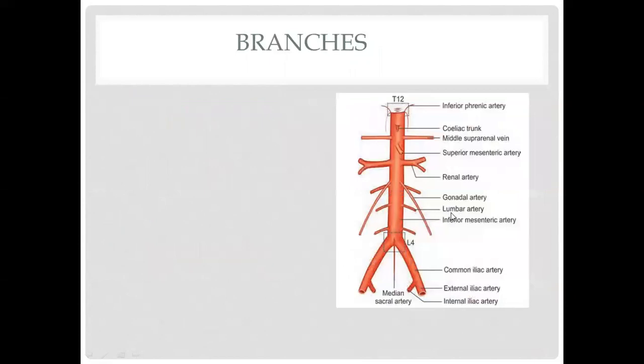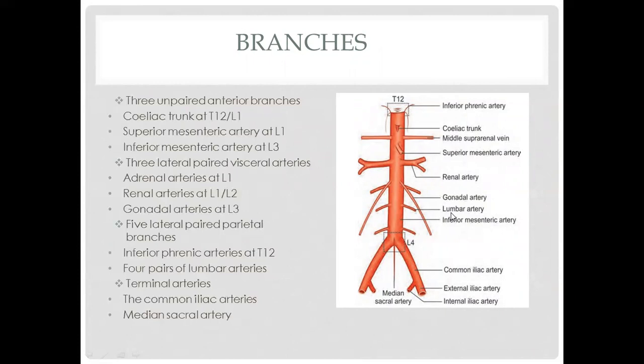There are many branches of the abdominal aorta, with many classifications, while the simplest one is this one. There are 3 anterior unpaired branches and 5 lateral paired branches.